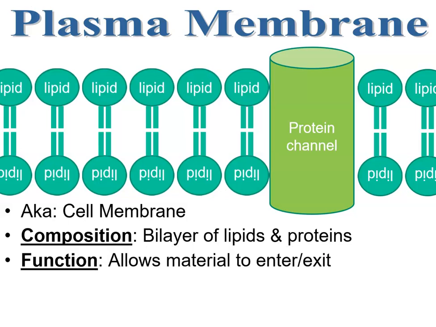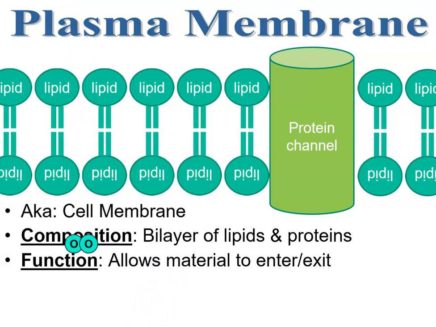The function of the plasma cell membrane is to determine what can enter and leave the cell. We will have a whole discussion about things coming in and out of the cell. That is our next conversation after we get through our organelles.